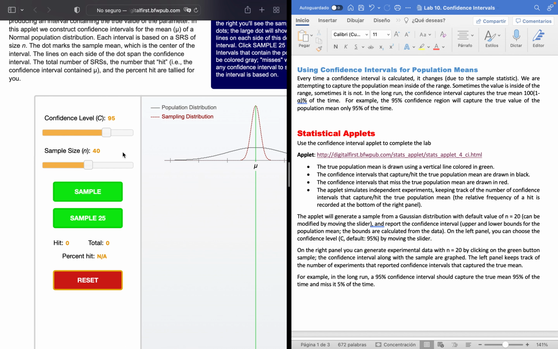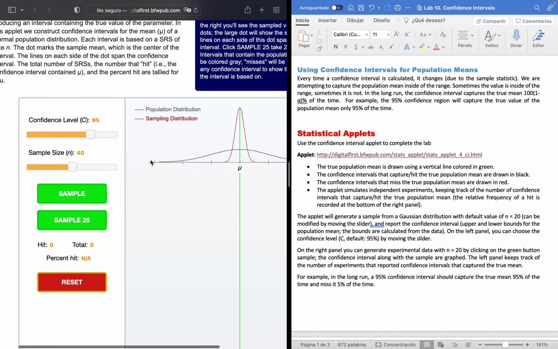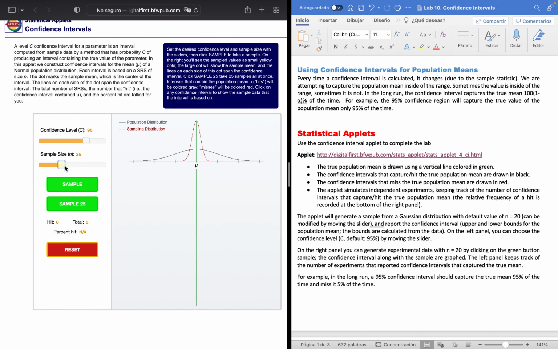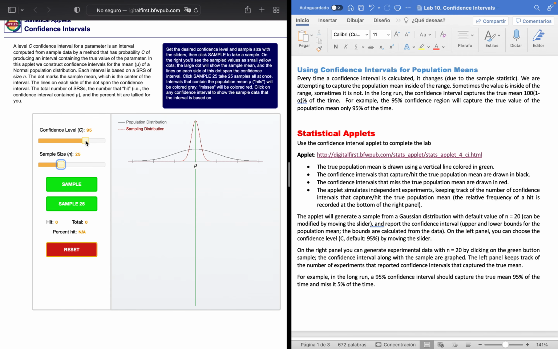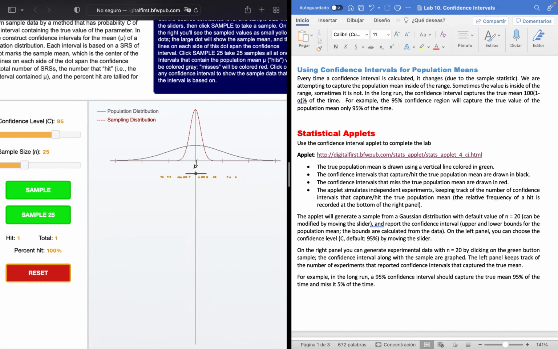So for example, let's say the sample size equals 20. I can move this slider to 20. The confidence level is 95%. If I click once, I obtain one confidence interval.